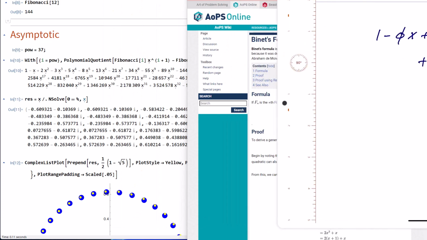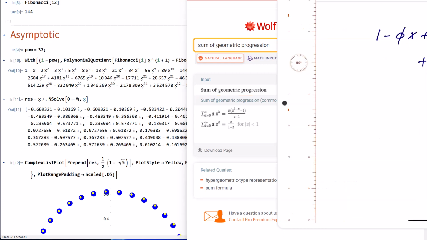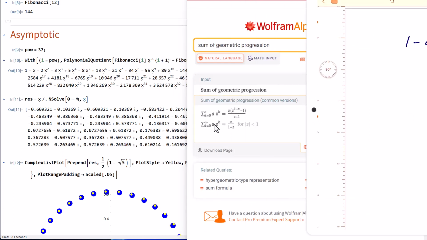And let's go back to the formula for the sum of a geometric progression. The geometric progression says that if a is equal to 1 and z equal to phi times x, but we also need to put a minus here.